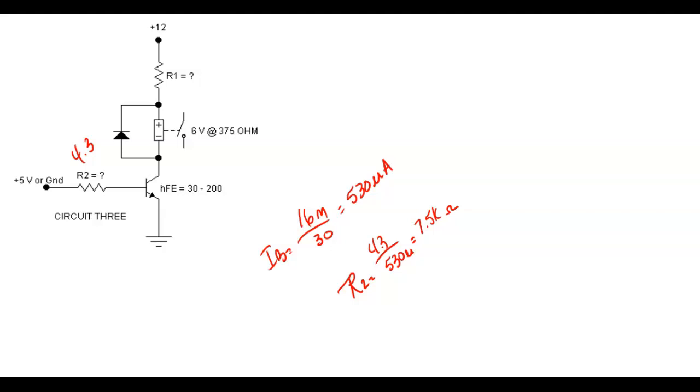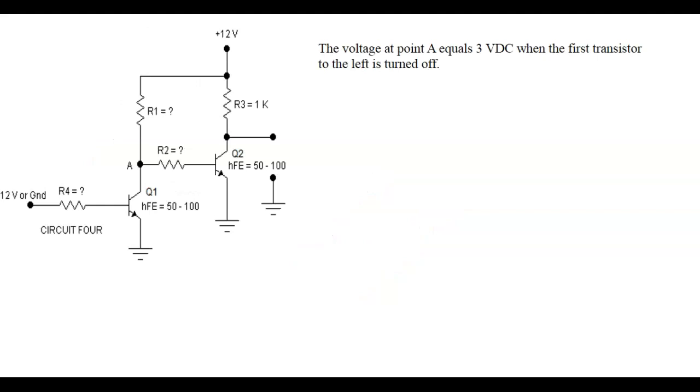All right, so let's figure this out. What do I know? I know this voltage right here, which is very important. This is going to be 3 volts when this transistor is turned off. When this guy turns on, this guy is going to turn off.